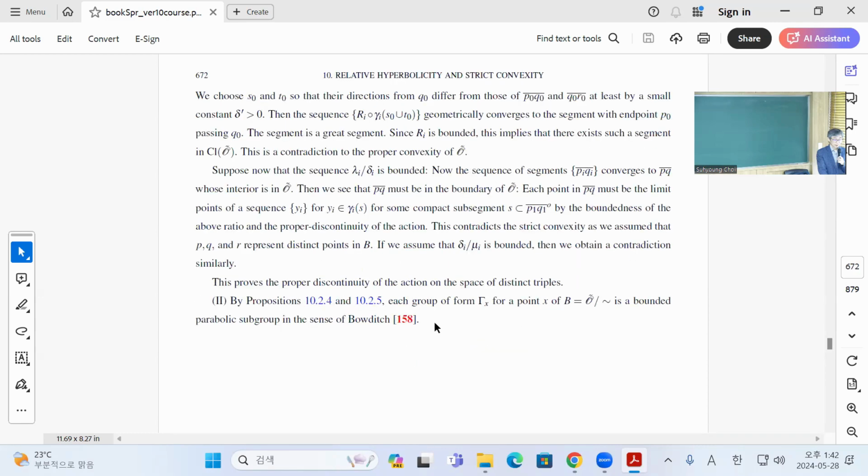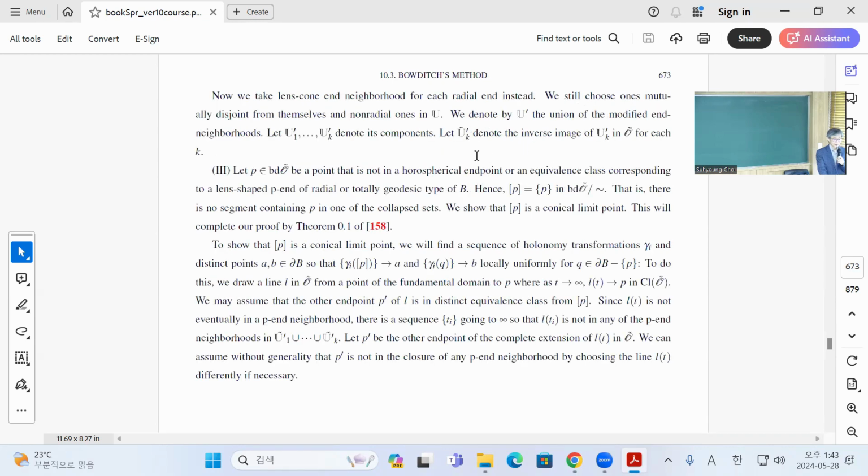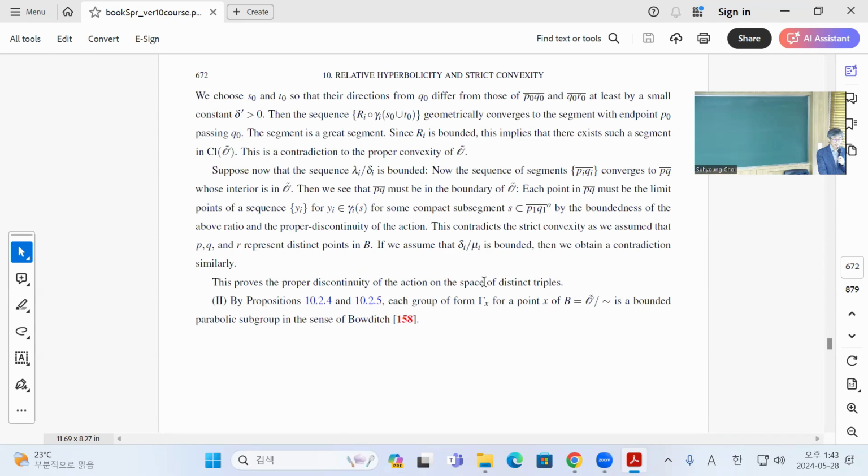Okay. So for the second part of Yaman's work, using Yaman's work, for each group, for a fixed point, this is about the bounded parabolic group in the sense of this. So X is corresponding to the end. Then you saw that there was this homeomorphism to the boundary, so therefore these are the parabolic fixed points.